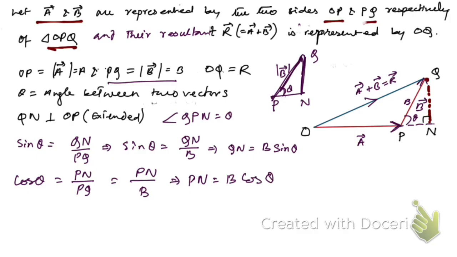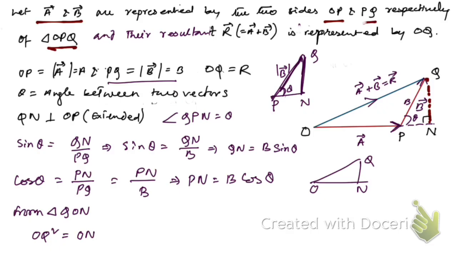Now from the bigger triangle QON, if we use the Pythagoras theorem, we get OQ square is equal to ON square plus QN square.